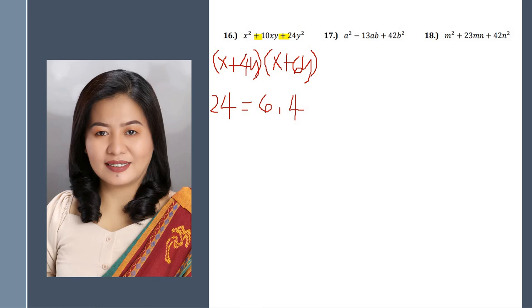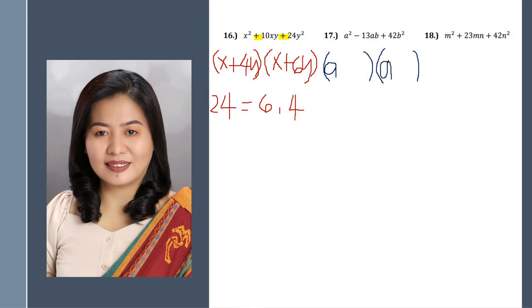So we have now the factors of number 17. So we have a squared minus 13ab plus 42b squared. So we write our factors. Start with the letters. Factors of a squared, we have a and a.